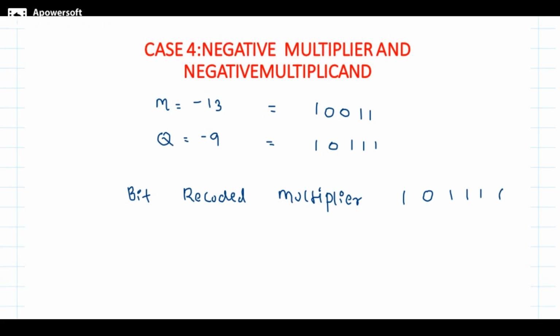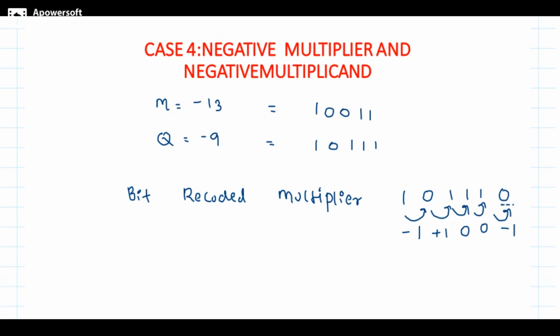I'll append 1 extra 0 here. So I'll check the transition: from 1 to 0, that is minus 1, 0 to 1 is plus 1, 1 to 1 is 0, 1 to 1 is 0, 1 to 0 is minus 1.